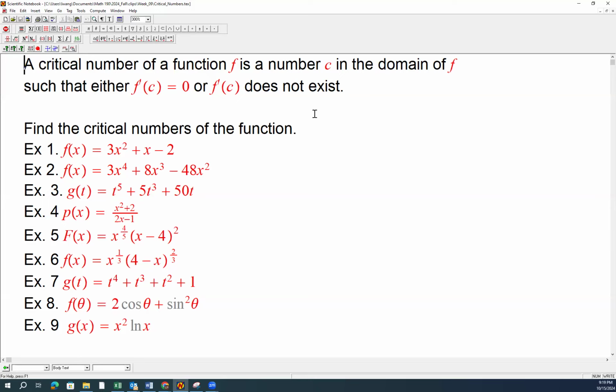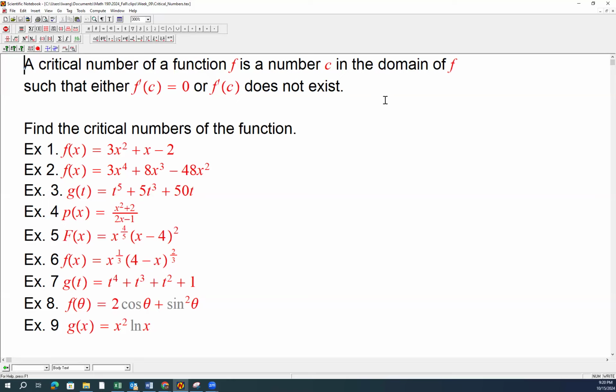After we study Fermat's theorem, we understand critical numbers are important because those are the candidates for local max, local min, and then absolute max, absolute min, even though not all critical numbers will lead to extreme values, but some of the critical numbers are the candidates for our desired extreme values.